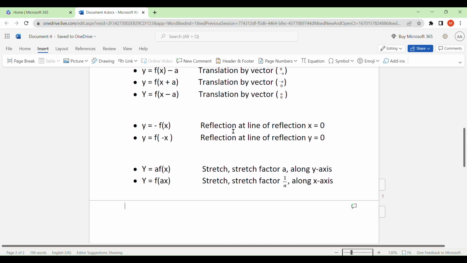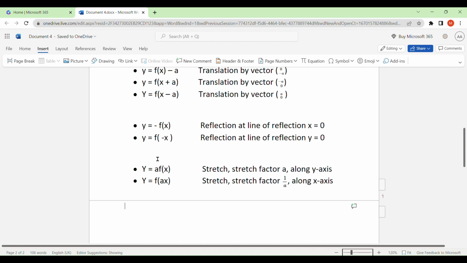And then moving on to reflection, y is equal to negative f of x, meaning that the y values are changing. If at first it is minus 4, minus f(x) makes it plus 4. So the line of reflection is x is equal to 0, or you can say along the y-axis.